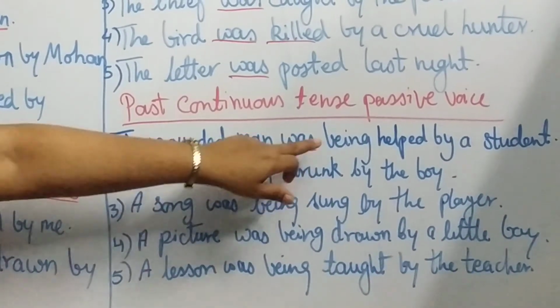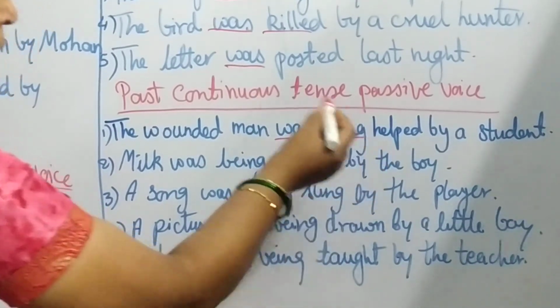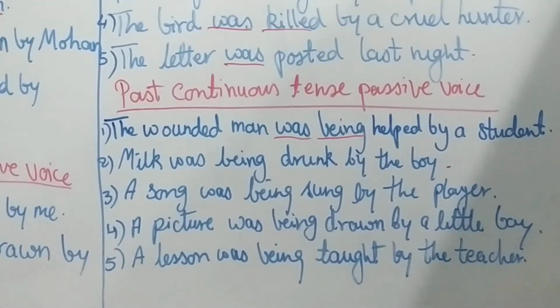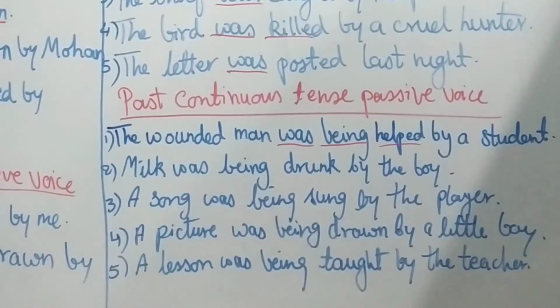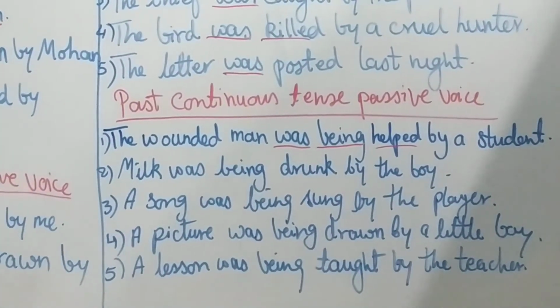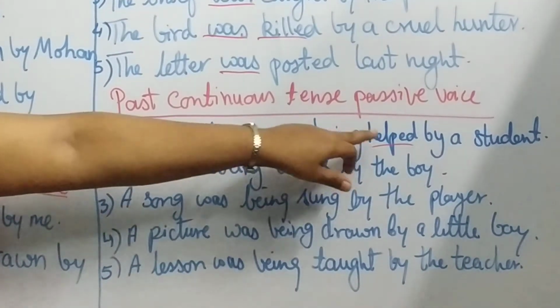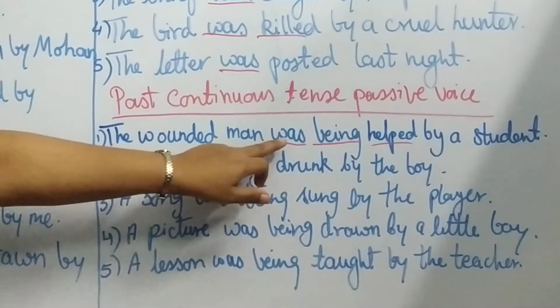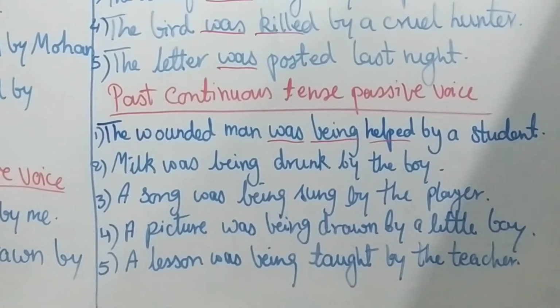So was. Then being, as it is continuous tense we use being. Okay, and helped is the past participle of the verb to help. Okay, so the wounded man was being helped by a student. So was being your helping verb and helped past participle.